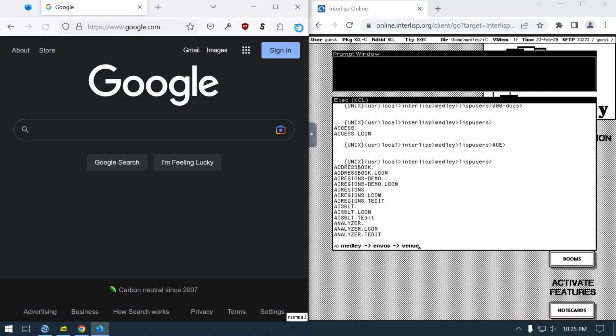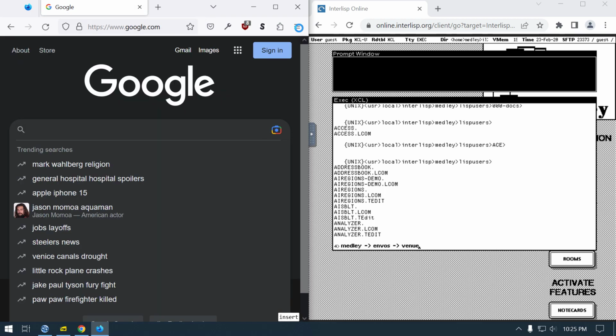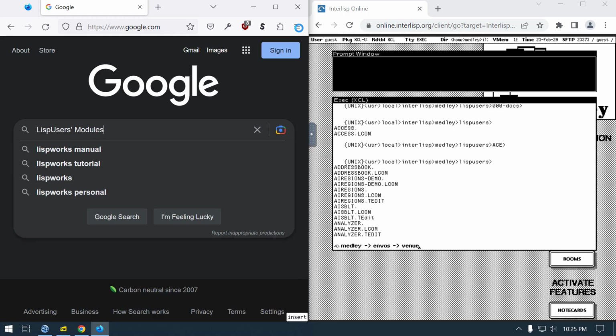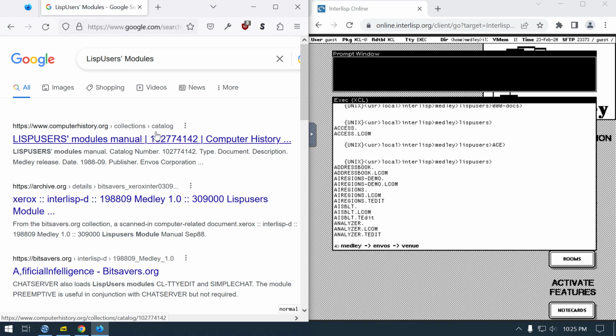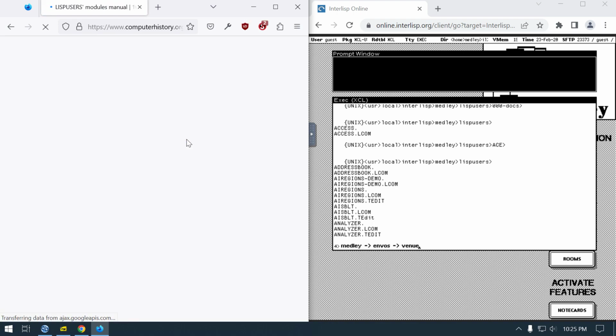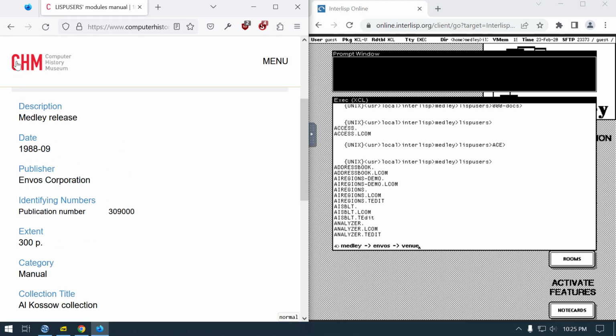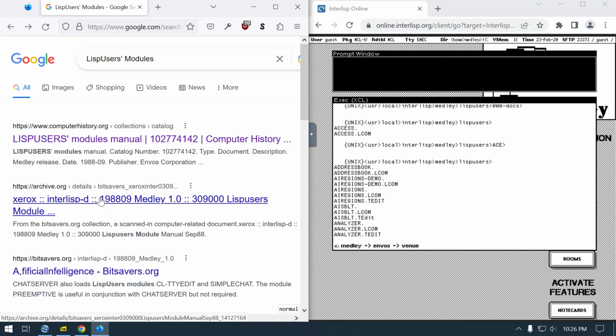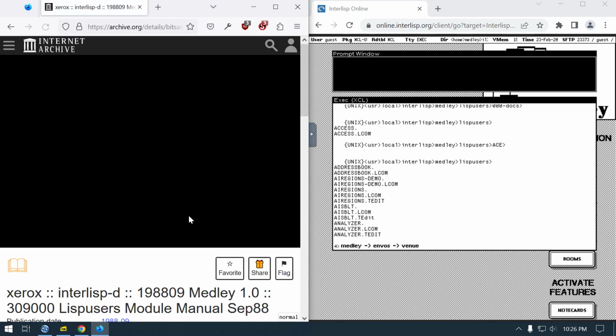And let's see if I was to go like this. I might just be able to pull it up like this because it's kind of a unique name. And this is the thing, but maybe Archive has it. You might have to download it, but maybe they can see it.